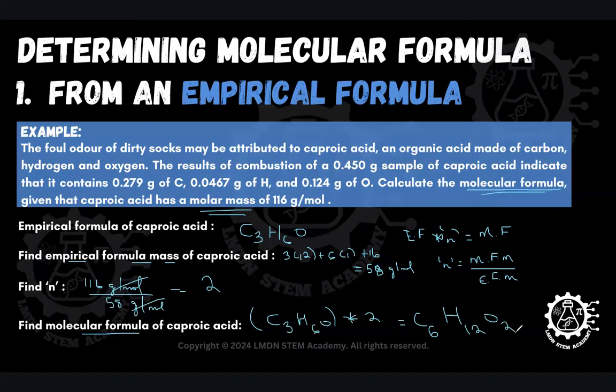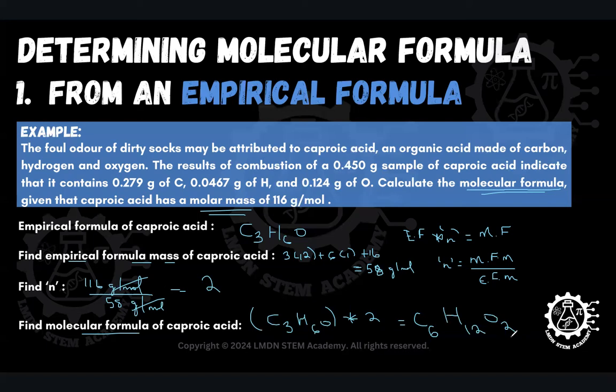Okay? So remember now, if we have an empirical formula, we can find its empirical formula mass. Then we can find a factor by bringing in the molar mass and then dividing that by the empirical formula mass to find that factor. Once we get that factor, we can multiply our empirical formula by that factor to finally get our molecular formula.